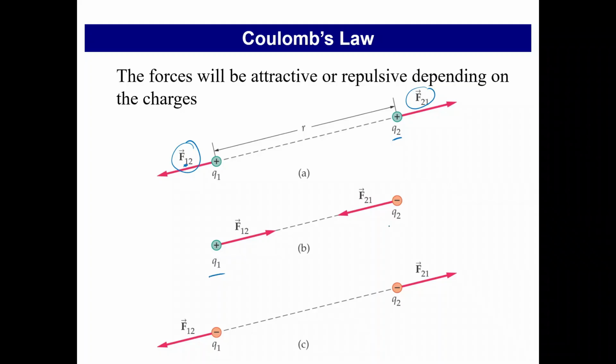Whereas if I have Q1 and Q2 being of opposite signs, it's an attractive force. So now F12, which is the force caused by charge 2 acting on charge 1, is pulling charge 1 to the right, and charge 1 is pulling charge 2 to the left.